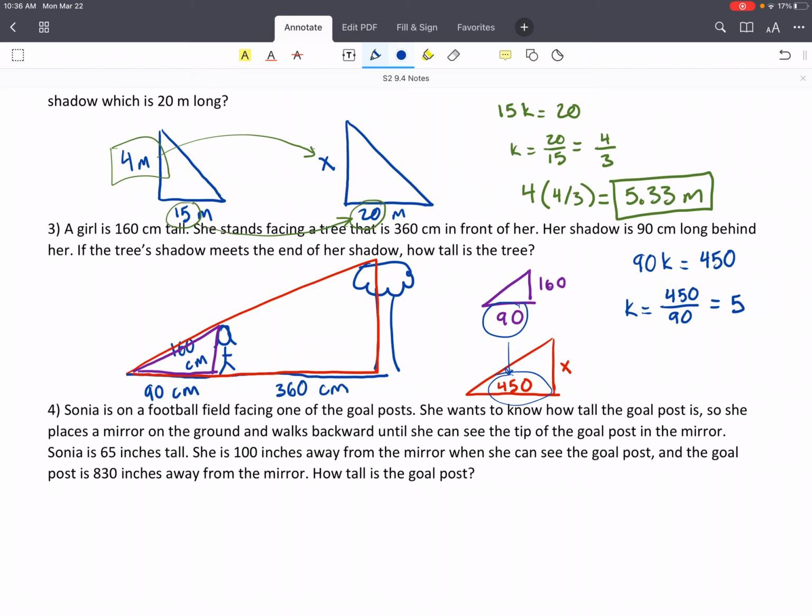And I get 5. I love when they work out nicely because it's so nice. So that means I can take 160 and multiply it by 5 to give me the height of the tree. I get 800 centimeters.